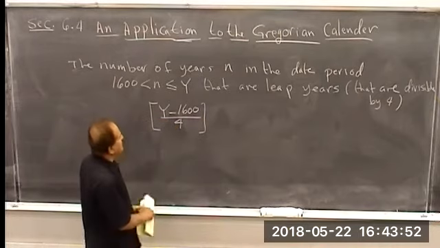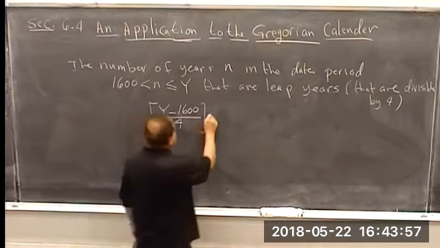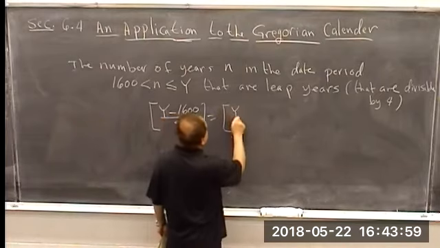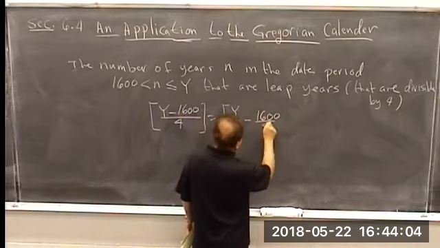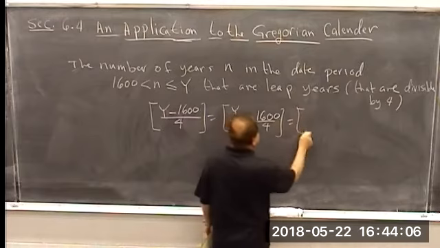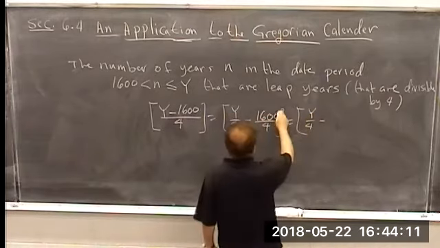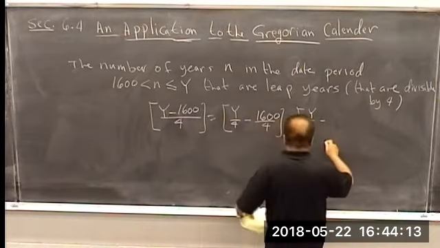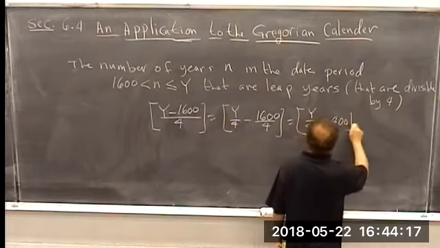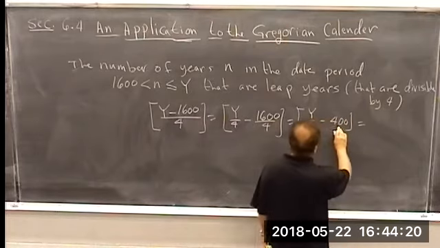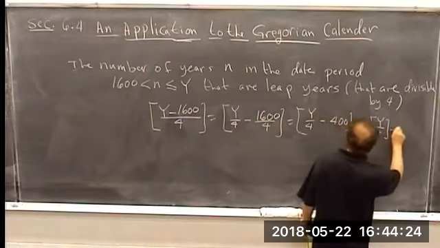We could simplify this as y over 4 minus 1600 over 4, and since 1600 divides, we come up with 400. Because 400 is an integer, we could write it as the greatest integer of y over 4, minus 400.